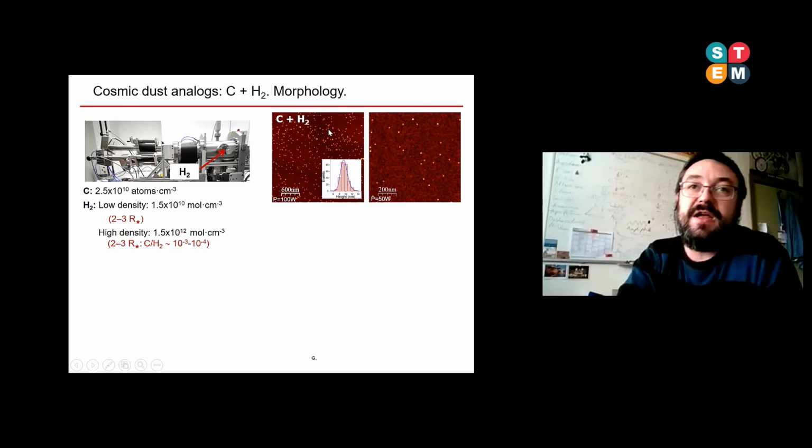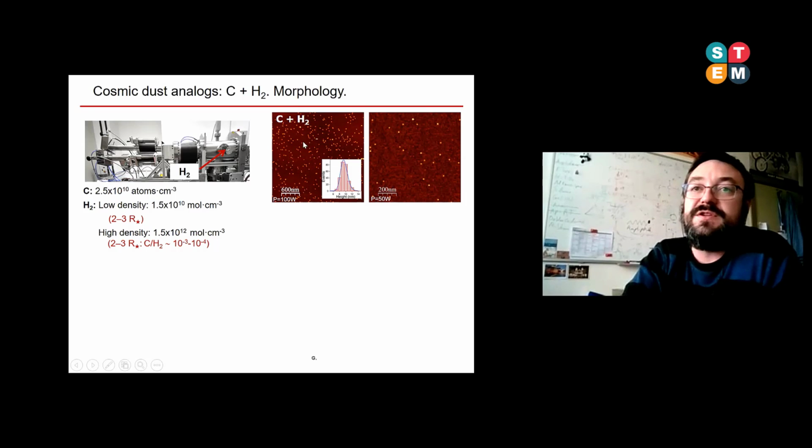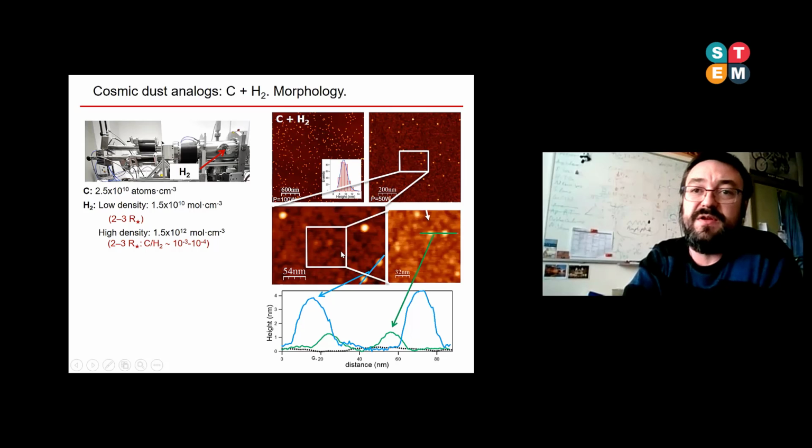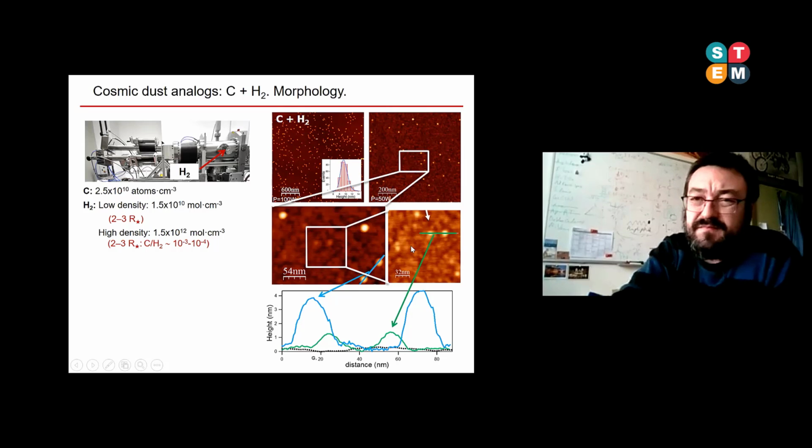So this is the kind of morphologies that we have observed: spherical nanoparticles around 9 nanometers in diameter. But if we have a close look at these regions, these are microscopy images of regions that look empty. If we zoom in, we start to see that there are still some structures. If we zoom in even more, it seems that there's a kind of mantle of material that we cannot resolve with this microscopy.